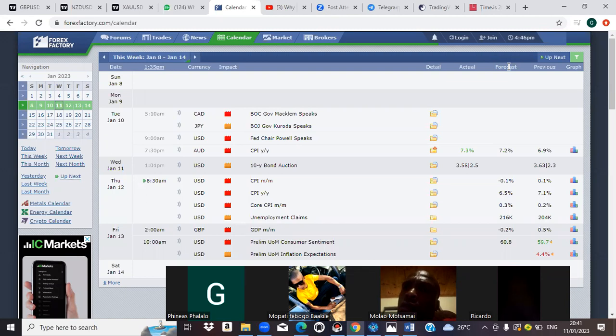If USD is going down, the pairs are selling. So that's all about fundamental analysis. Balance fundamentals with technicals. If USD is going down and you want to sell gold, we have to look for an order block for that sell opportunity. Then you enter.